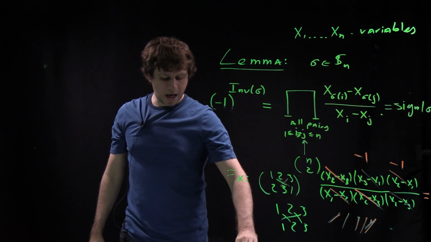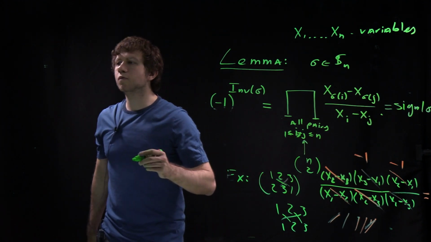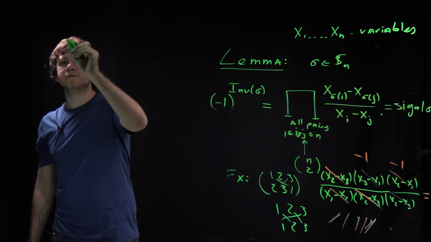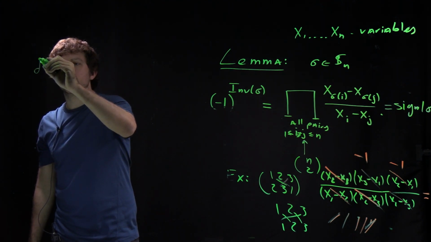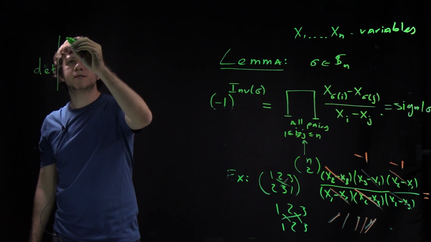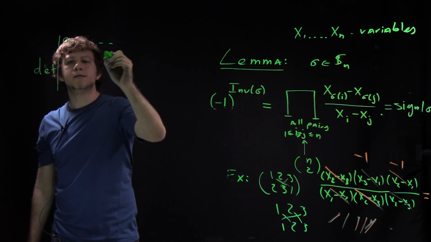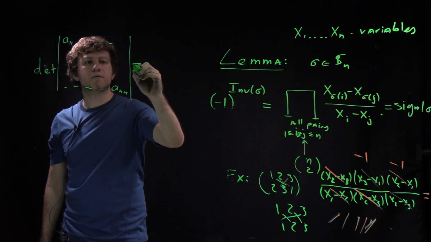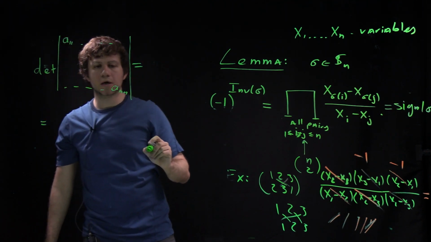Okay, I want to end all of this section 2 with maybe just reminding you the definition of determinant. So if you have a matrix and you want to compute its determinant, and the matrix is maybe A11 to Ann, then there is this formula for determinant. Maybe you have seen it already.